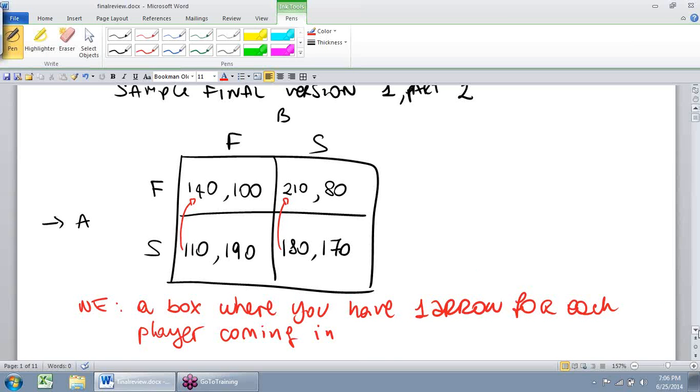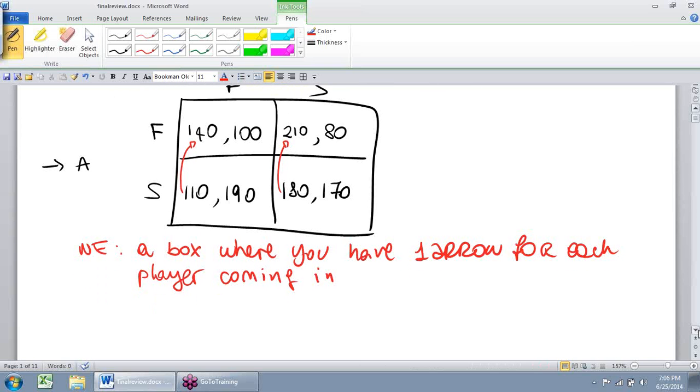This situation where for one player it's better to do one particular action no matter what the other does is called a dominant action. A dominant action is that action that no matter what the other player does, you always want to play that action.